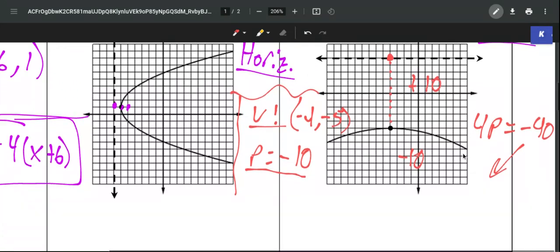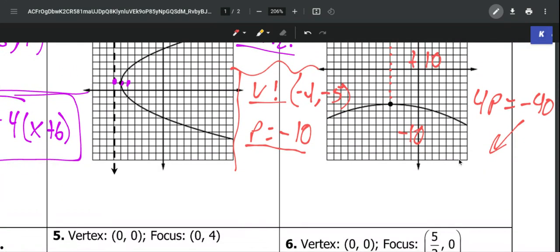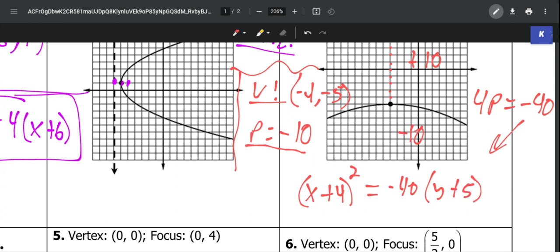So we're going to be having x lead. So we'll have x plus 4 because negative 4 is the x coordinate for our vertex. That's going to be equal to negative 40 because that is what 4p is. And then we'll have y plus 5 because we had a minus 5 for the y coordinate of our vertex. So that is your equation.